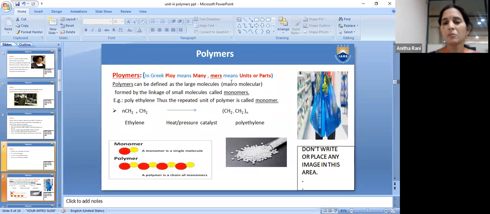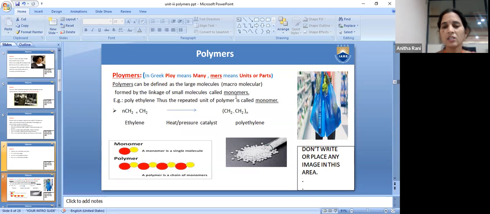So polymers can be defined as a large molecule, a macromolecule, formed by linkage of small molecules called monomers.